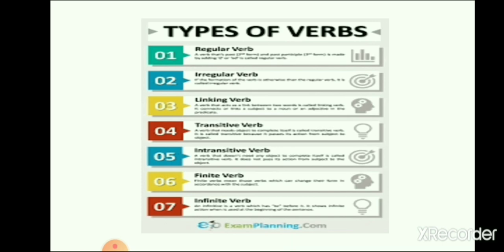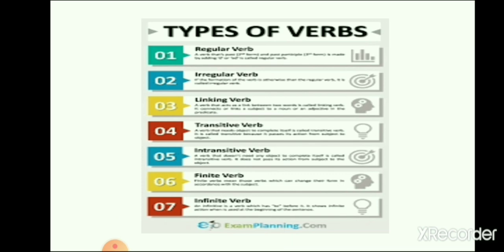Types of verbs. The verbs are of different types. First is the regular verb. Next, irregular verb. Next, linking verb. Next, transitive verb. Fifth, intransitive verb. Sixth, finite verb. The last is the infinite verb.